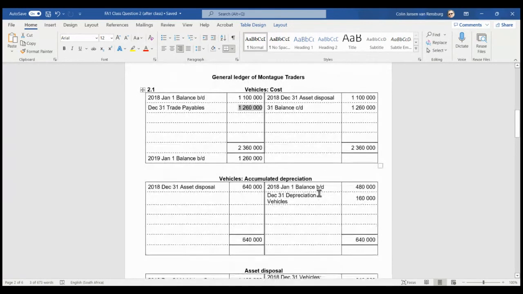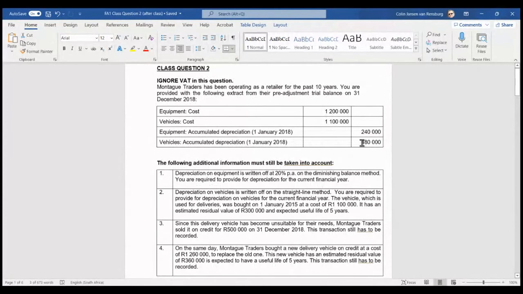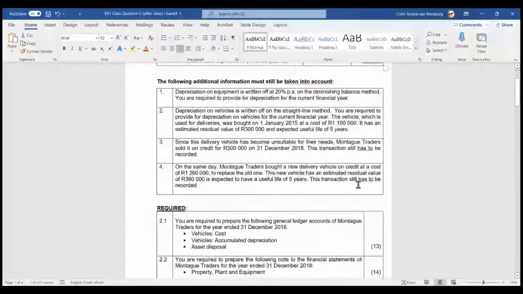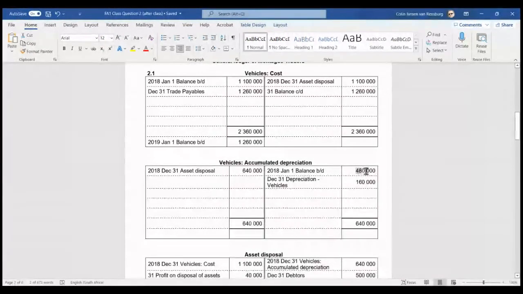When it comes to the accumulated depreciation account, ladies and gentlemen, we had a look at that a little bit earlier. On vehicles, it has an opening balance of 480,000, so we can simply put that on the credit side as an opening balance brought down. In our journals, we debated that for quite a while, we added further depreciation expense for the year of 160,000, which gives us a total of 640,000 depreciation over all the years that we've had use of that vehicle.